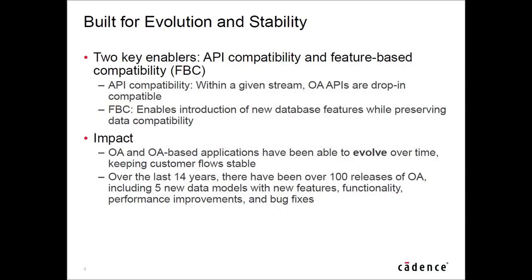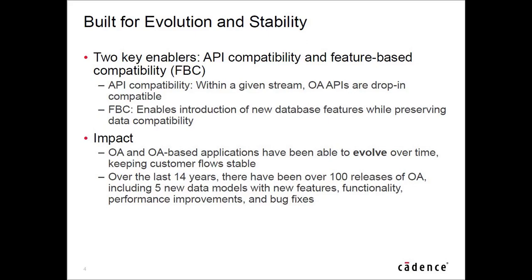Now, open access has been out there for longer than I'd like to say because it dates me, but it's been in general use for over 15 years. So the question is, how has it managed to stay relevant and continue to meet people's needs? Well, there were two particular features built in that I think have enabled this. One is API compatibility and feature-based compatibility.